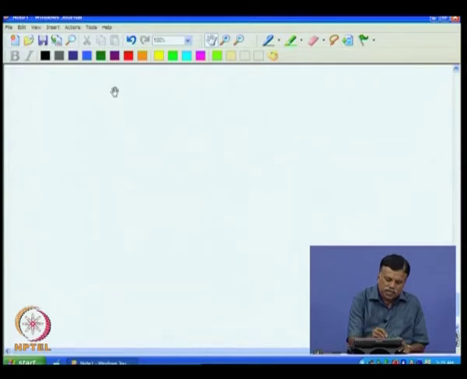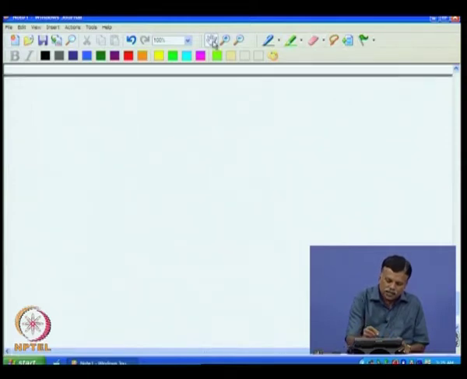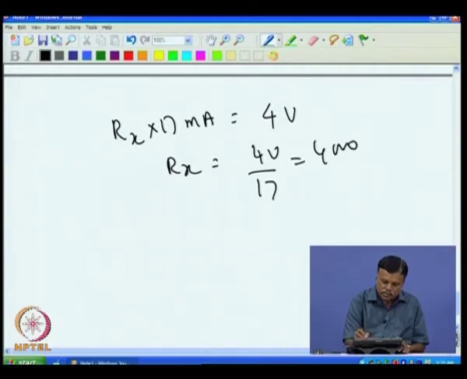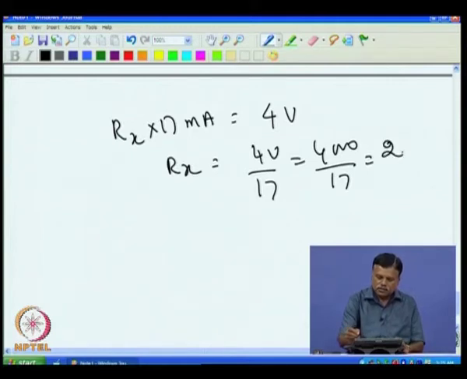So Rx times 17 milliampere is supposed to give me roughly 4 volt. So you can find Rx very easily by dividing 4 volt by 17 milliampere.